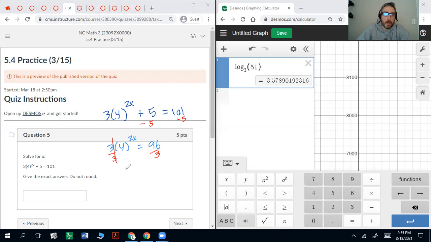I'm just doing some mental math. Use your calculator if you need to. So that's going to be 32. Now we'll put it in the log. So log base 4 of 32 equals 2x.